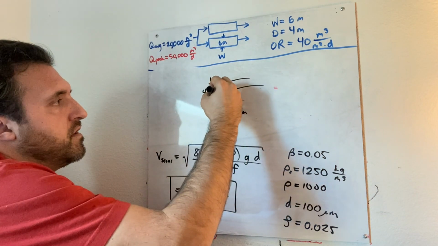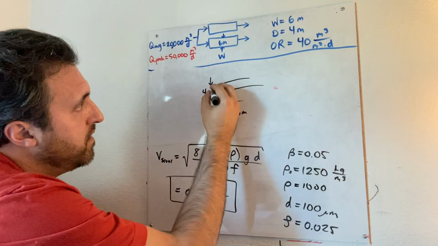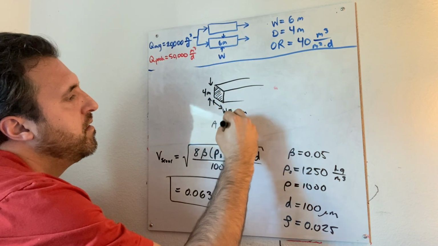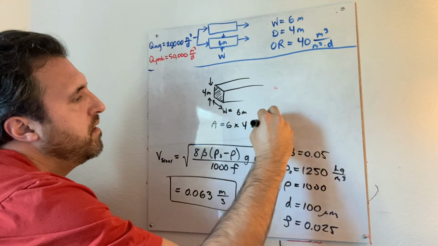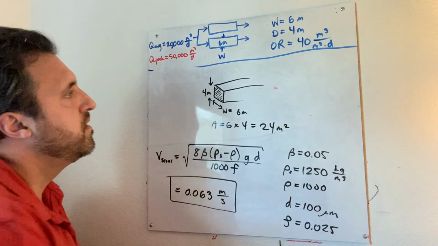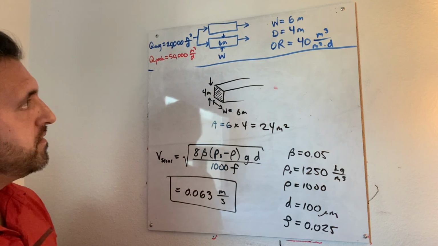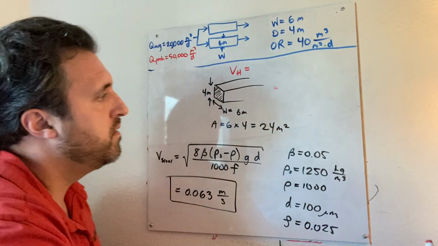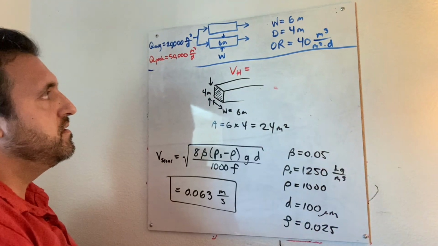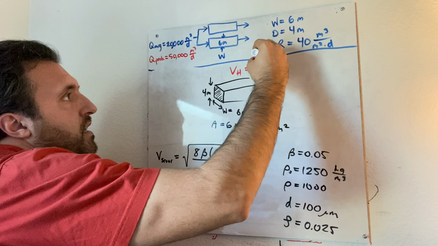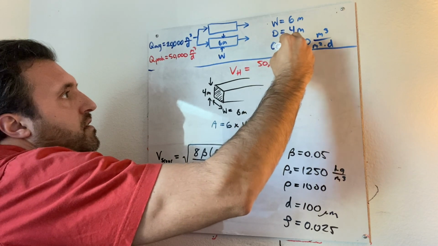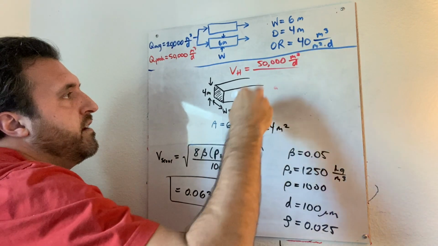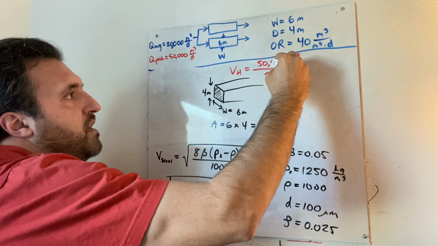So therefore, the surface area right here is 24 meters squared. So the horizontal velocity of flow under peak flow conditions is going to be equal to 50,000 cubic meters per day divided by this area, 24 meters squared.